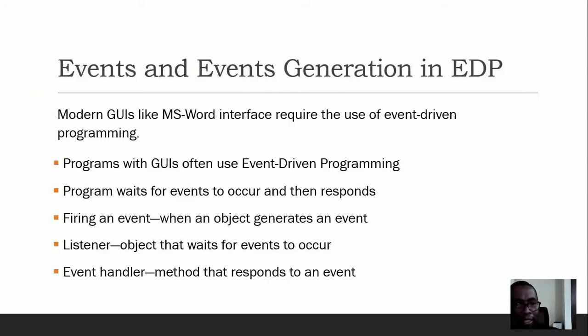So modern GUIs like the MS Word interface require the use of event-driven programming. So whenever you see any program which presents itself as a graphical image, and if you can get action through either pressing or clicking something or dragging something or even typing something, then you get to understand that you are trying to do what we call generating some events.